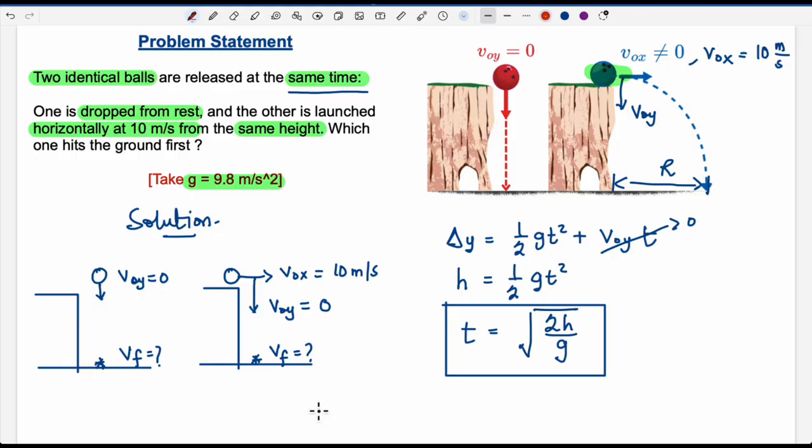Each part of this motion occurs at the same time. However, you treat the vertical motion separately and also the horizontal motion separately. And in both cases, as in this problem, even though one is given an initial speed in the horizontal direction, it has no effect on the fall time of this object. And that is just the physics behind that.